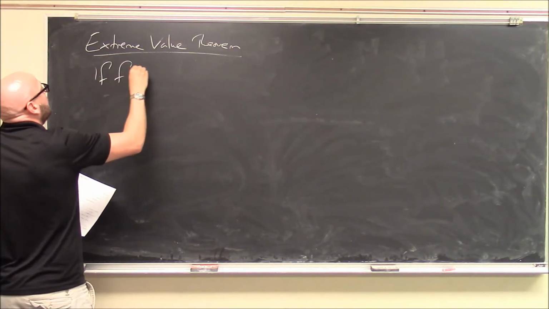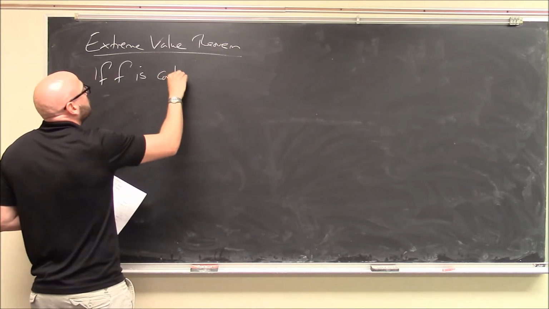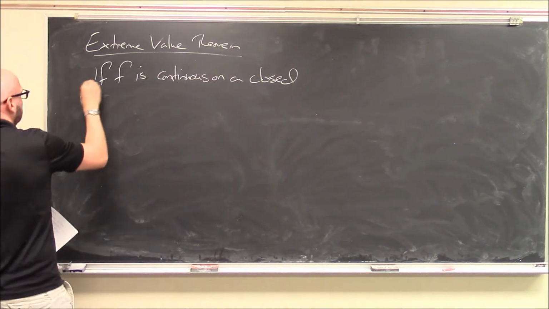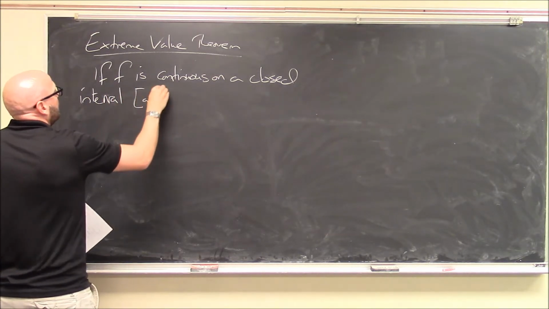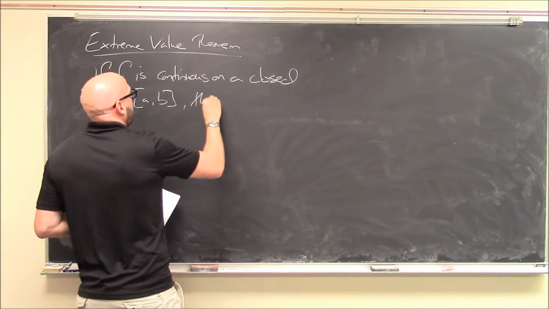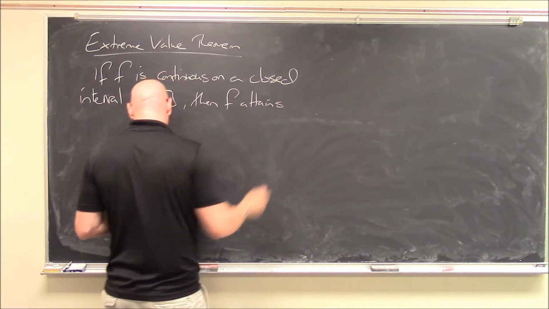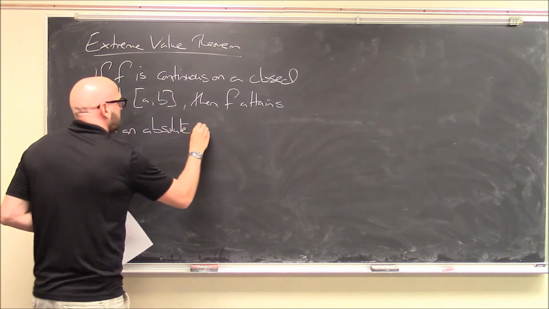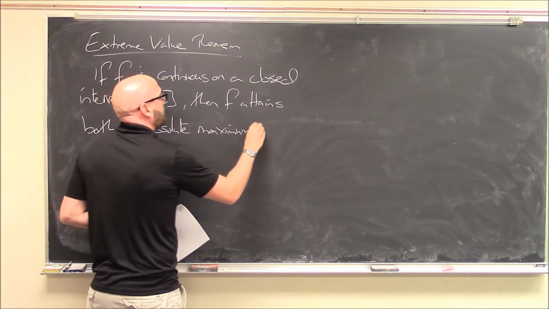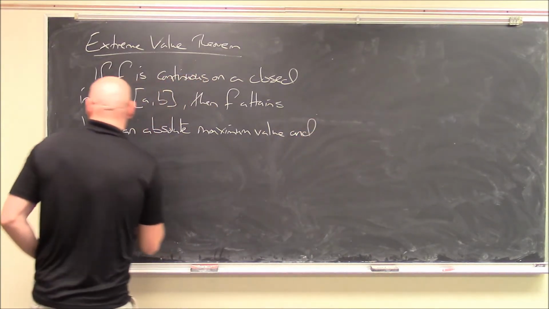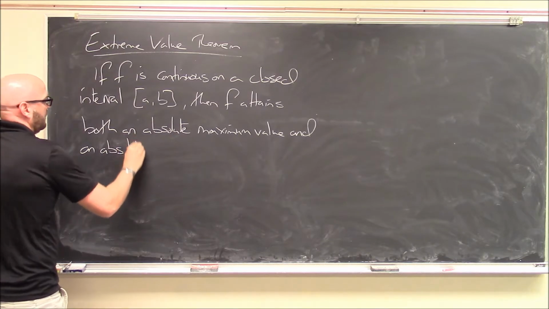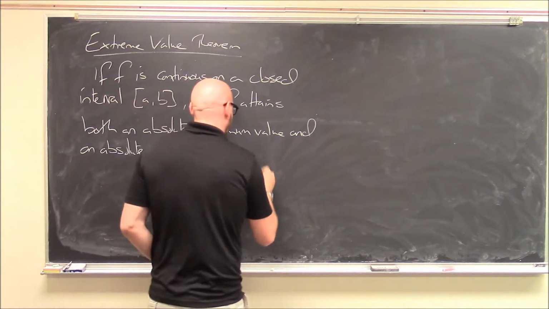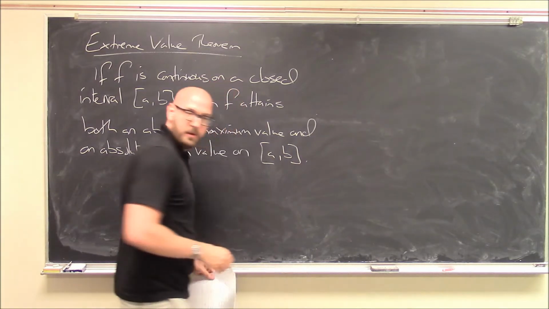So if f is continuous on a closed interval a to b, then f attains both an absolute maximum value and an absolute minimum value on that interval, on the interval a to b.